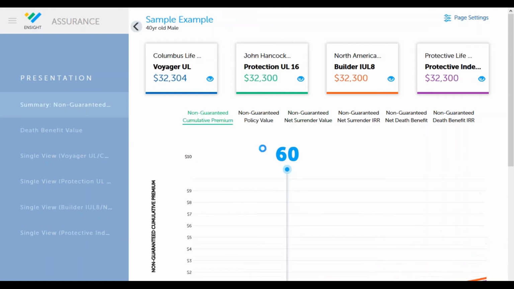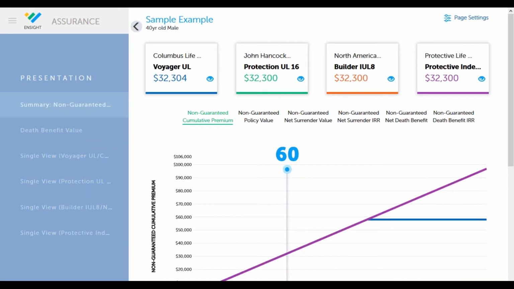I also looked at an index UL, one that doesn't have any guarantees, and said, what kind of cash would we have in there, and what sort of death benefit would we have down the road? And then the fourth option is an IUL that does have a no-lapse guarantee.